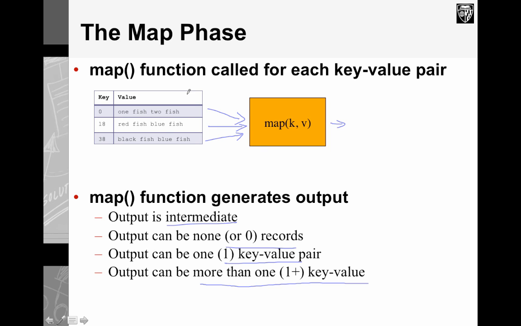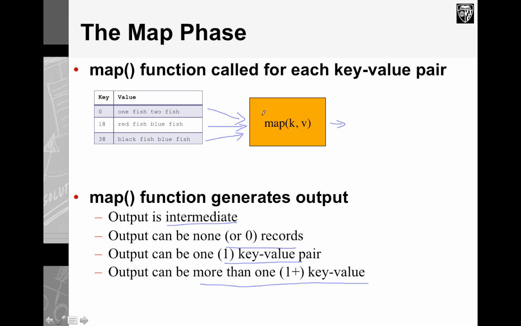When the first line is processed by the mapper, it is going to generate 1 as the key with the value 1, fish as the key and value 1, 2 as the key and value 1, fish as the key and value 1. In the same way, it will take the second line and process it: red as the key and value 1, fish as the key and value 1.